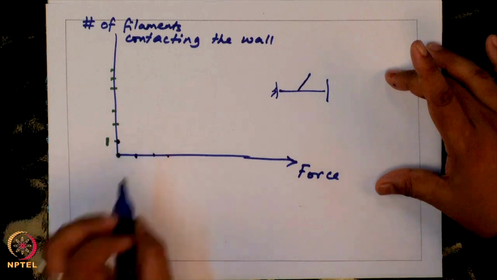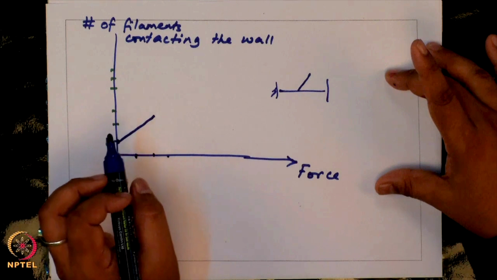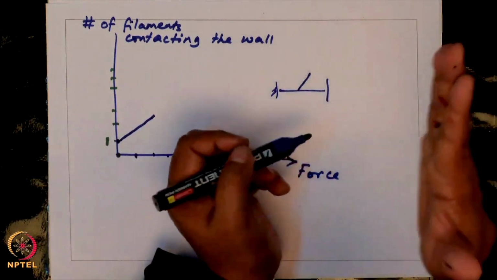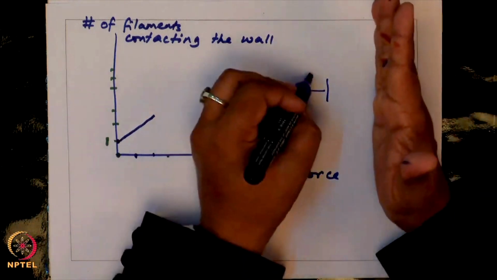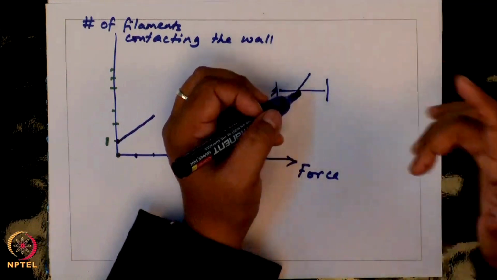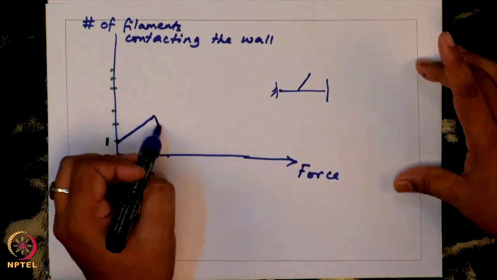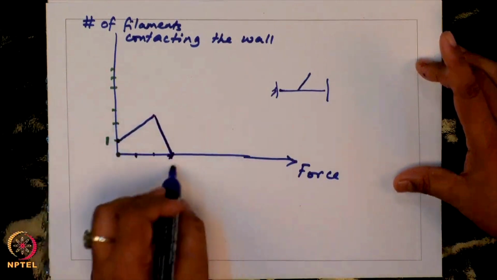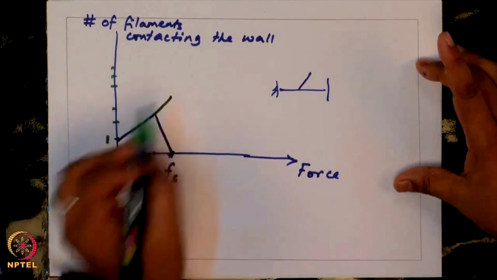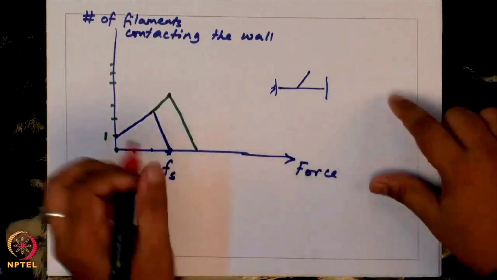But as you increase the force, you will see an increase in the number of contacting filaments, because this filament, even if it pushes the wall, will push so slowly that the branching filament can actually grow under no force conditions and then catch up with the horizontal filament. So, eventually for every case you will see a drop. This corresponds to the stall force. For another case, as you increase the branching distance, you will see that these curves keep going up and up.